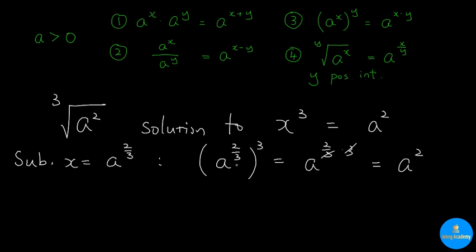A to the power 2/3 now satisfies this equation, and therefore the conclusion is the cube root of a squared is exactly the same as a to the power 2 over 3 because they both solve this particular equation. Actually, there are still some hidden technical details. For instance, we have to argue that x cubed is an injective function over the reals. However, for our purpose in this video, we are going to skip over this detail.